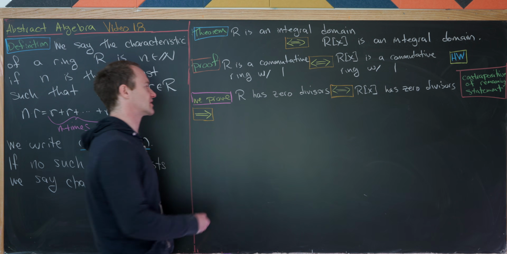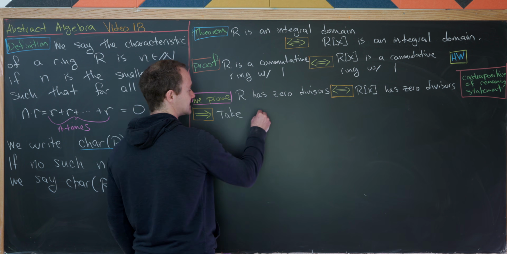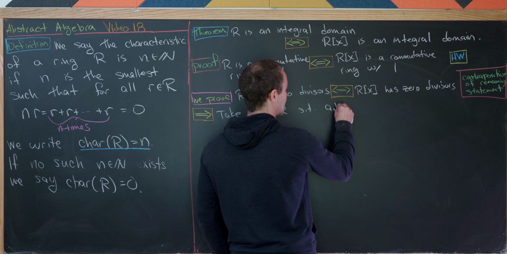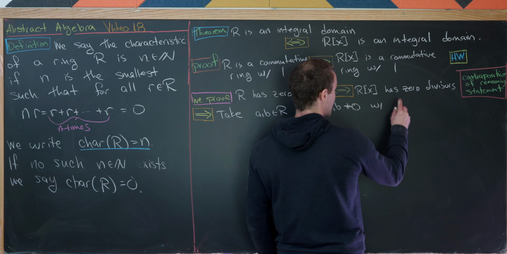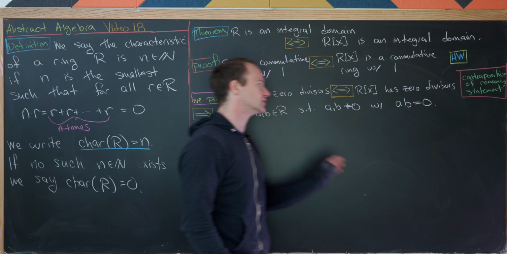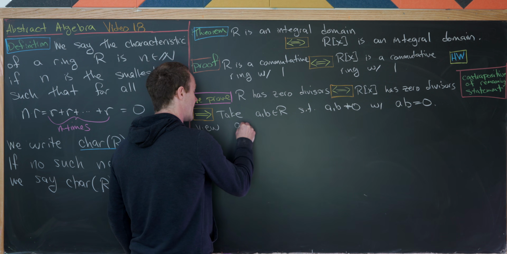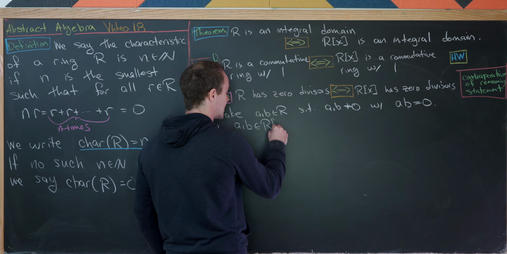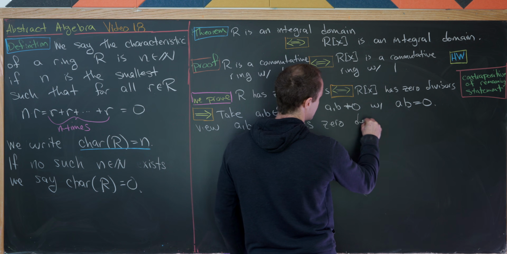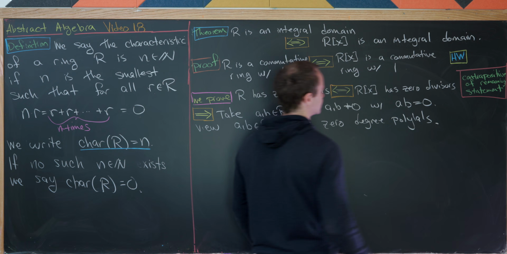Let's do this forward direction first. Since we have zero divisors here, let's take A and B in R such that A and B are not zero with A times B equal to 0. So in other words, those are our zero divisors. Next, let's view A and B as being inside of R adjoin X as 0 degree polynomials.